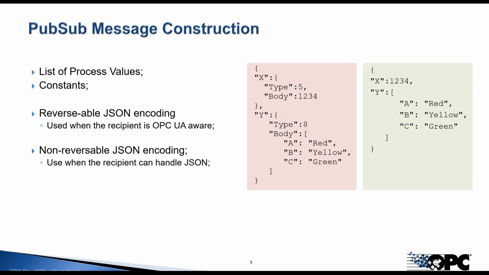But if you have a scenario where you're simply publishing data to a generic analytics engine that just wants the JSON, you don't need to put a lot of this additional data in there that's needed to basically reverse the encoding mechanism. And that's why we developed this non-reversible encoding, which allows you to create JSON documents by following a standard set of serialization rules that look much nicer and are much more well suited for indexing by these generic cloud-based analytics engines.